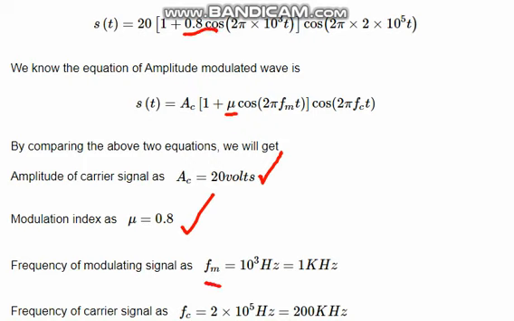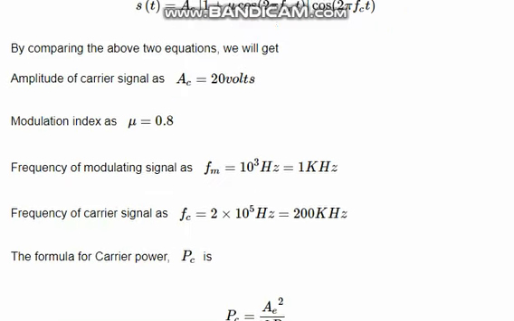Then we get the frequency of the modulating signal fm, that is 10^3 hertz, that is 1 kilohertz, and the carrier frequency fc, by comparing, is 2 × 10^5, that means 200 kilohertz.